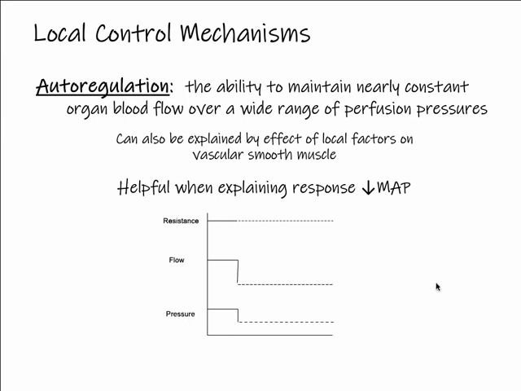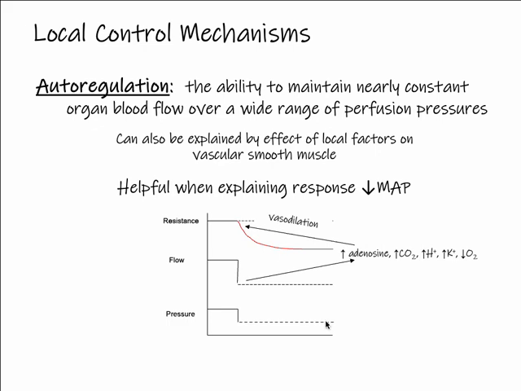But realize if we have decreased blood flow, then we are going to have a buildup of local metabolites. This buildup of local metabolites is then going to have an effect on the vascular smooth muscle, and it's going to cause vasodilation. And so if we vasodilate, we're going to be reducing the resistance.